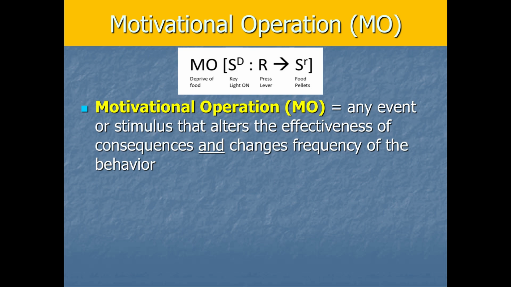Indeed, it won't necessarily make the rat more likely to press the lever in the future. So we could say that becoming full, satiated, is a motivational operation. That's an MO that has a sort of meta effect on the operant conditioning process. Your motivational state matters for your learning. That's what this is saying.